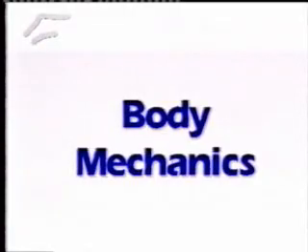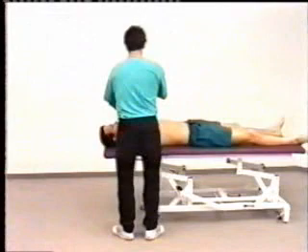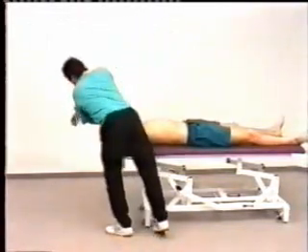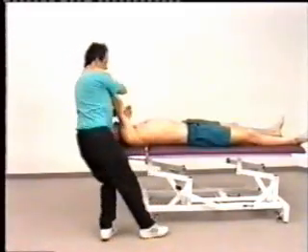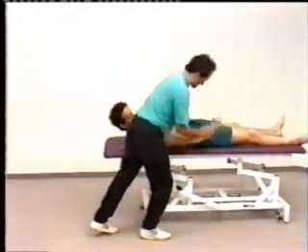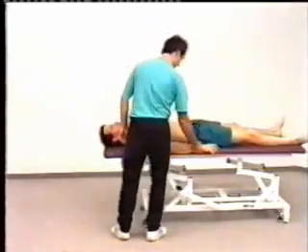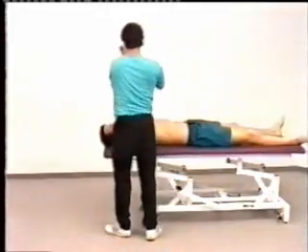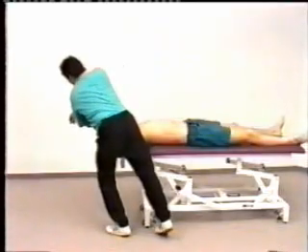Body mechanics. Open your hand and pull down. The elongation is started in the legs in mid-position and then achieved by leaning the upper body forward and weight shifting.